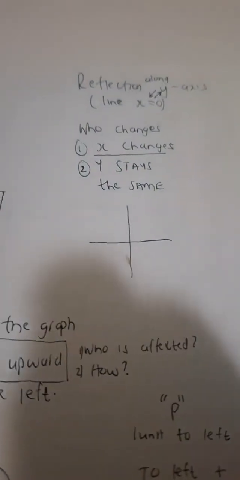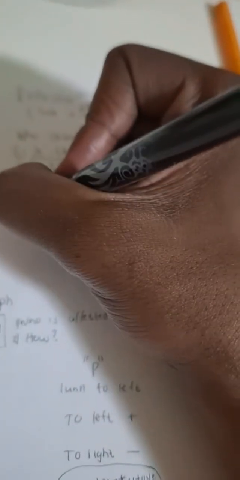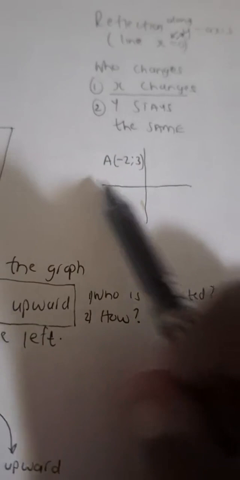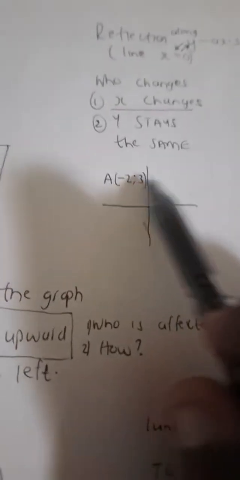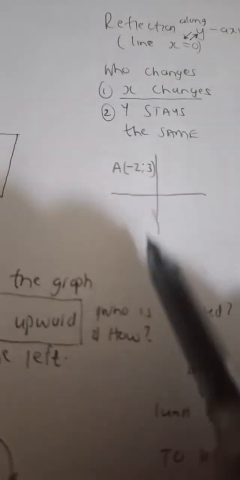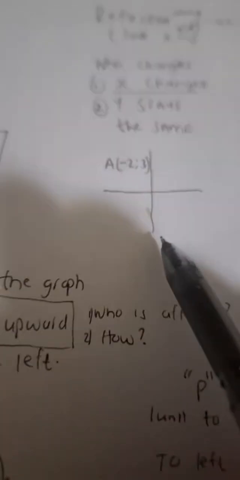So let's look at that point. Let's look at it in light of the coordinates. Let's say we had the coordinates negative 2, 3. Remember, if we are reflecting along the y-axis, we are no longer looking at the image down there, because that would be reflecting along the x-axis. We are looking at the image on the other side of the y-axis, which is also the line x is equal to 0.